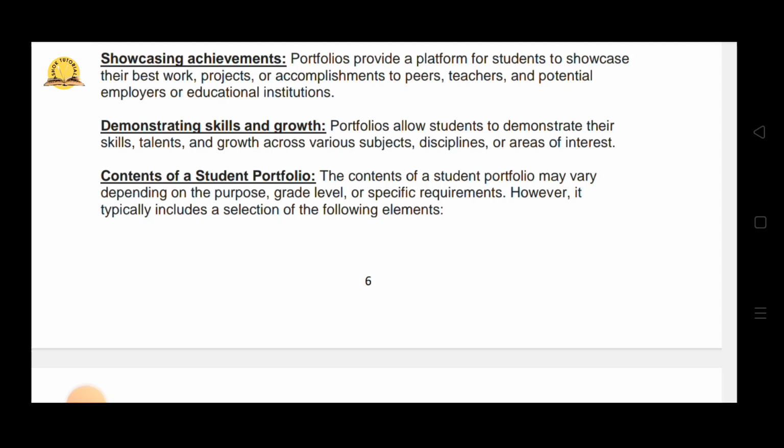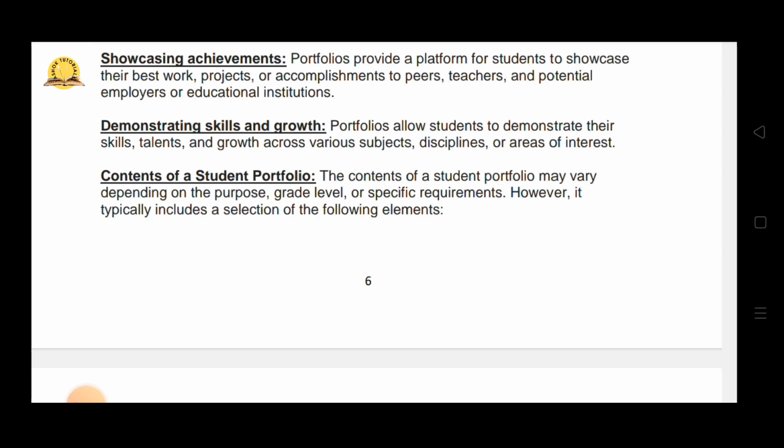So there can be different fields, and the talents they have. Some of them might be very good at painting, drawing, dancing, sketching, singing, right, acting. And growth in various subjects, like discipline, so some of them might get an award for the discipline they have. And the areas of interest, like whatever co-curricular activities or sports they are interested in.